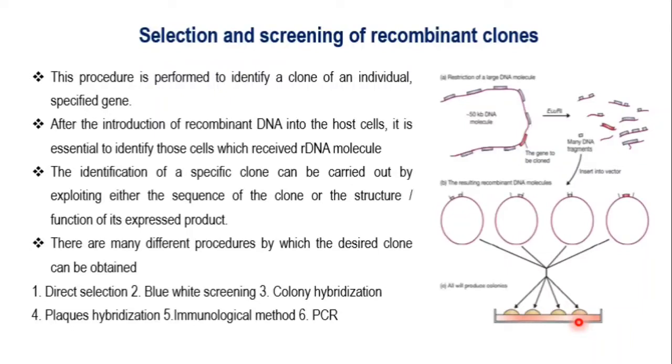We said that we have to identify the exact clone from these mixed clones. For that, we'll exploit some properties of these clones. We'll check either the sequence of the clone or its structure, or we'll take the functions of its gene expressed product.